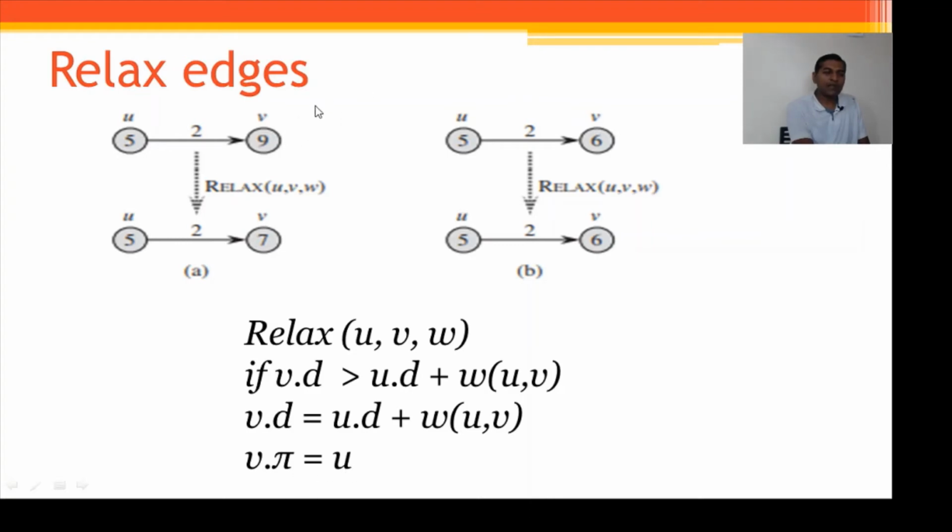Previously v had been discovered from some other vertex. Now we'll remove it and say that the distance from u to v is better than some other means.